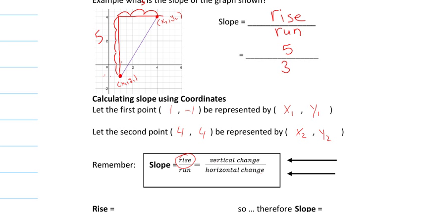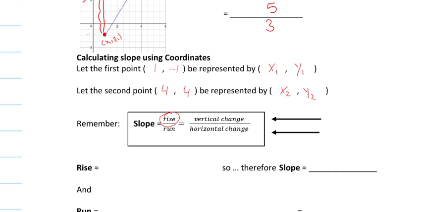So when I'm talking about vertical change, I'm talking about the difference in which one is vertical, y or x? Y. So when I'm talking about the vertical change, I'm talking about the difference in the y's. And when I'm talking about horizontal change, I'm talking about the difference in the x's.